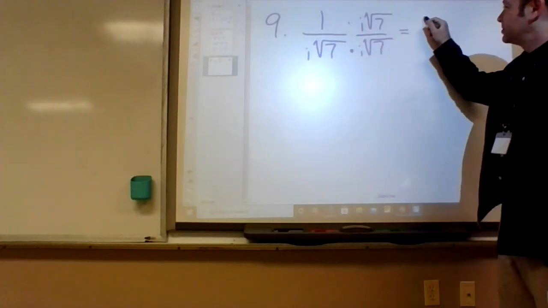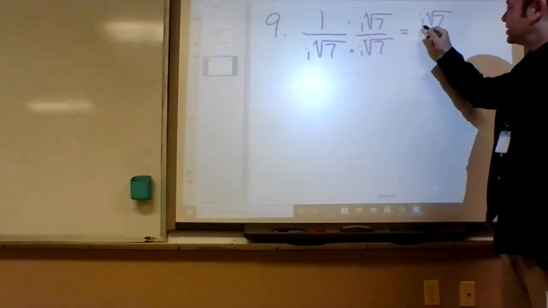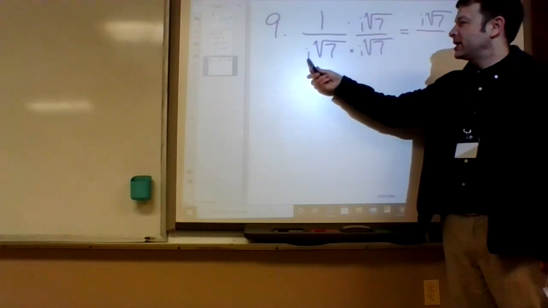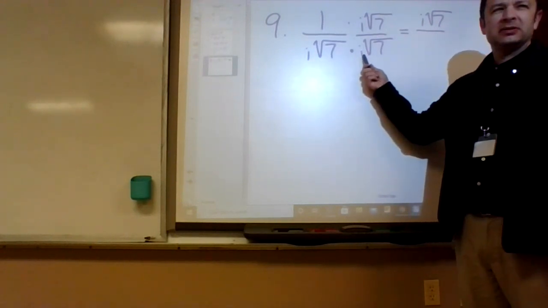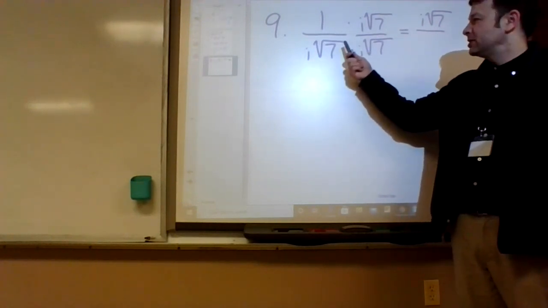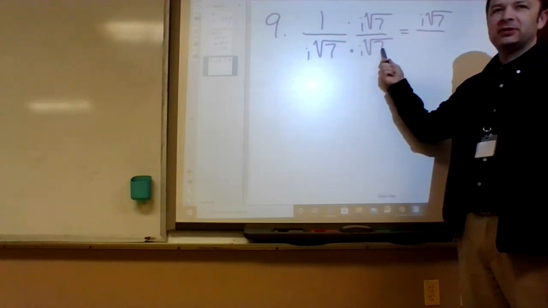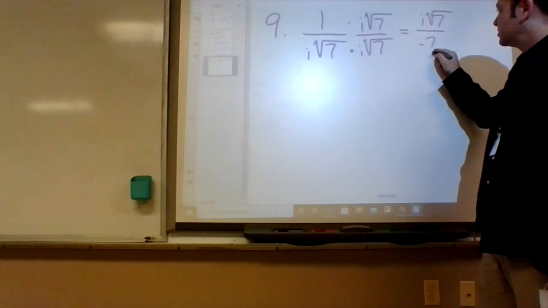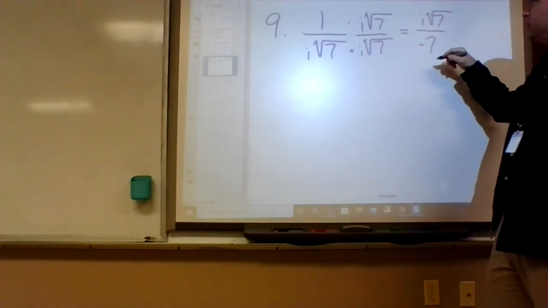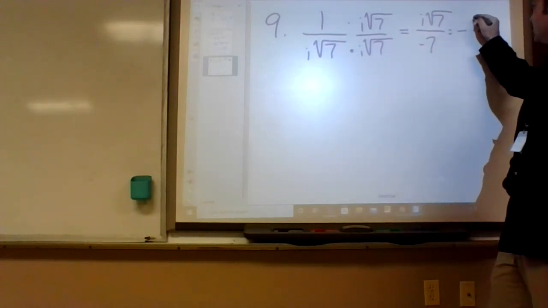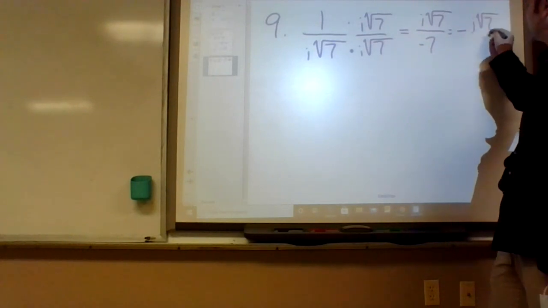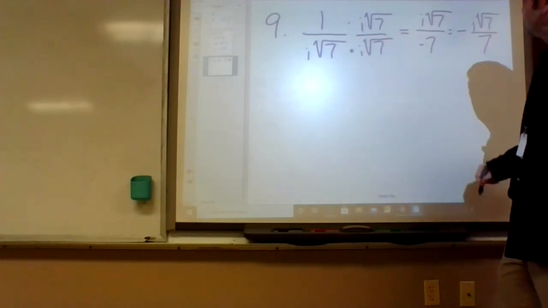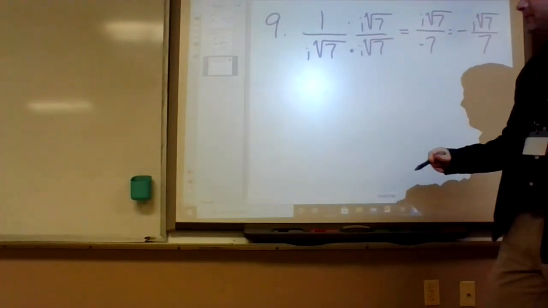So the top is i square root of 7. Bottom, what's i times i? Negative 1. What's square root of 7 times square root of 7? 7. Negative 1 times 7. So you can stop there, with the negative in the middle.